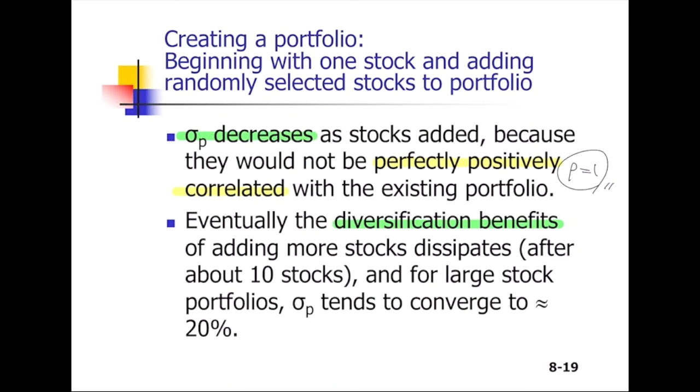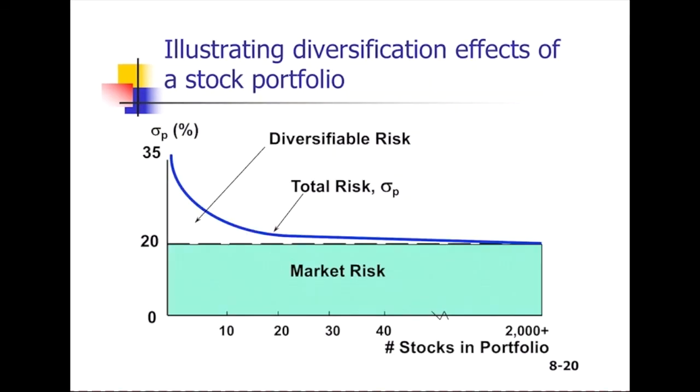There is one interesting thing. When you add more stocks, the portfolio standard deviation converges to 20%, not 0%. Why? There is one risk, the market risk. It cannot be eliminated. This slide shows the diversification effects of a stock portfolio. As you can see, the x-axis means the number of stocks in the portfolio, and the y-axis is the standard deviation of the portfolio.